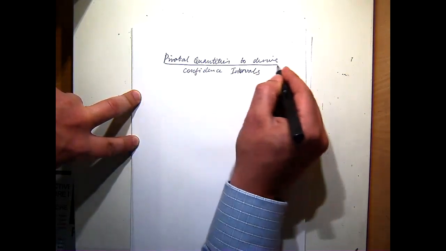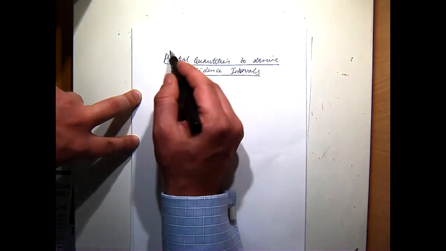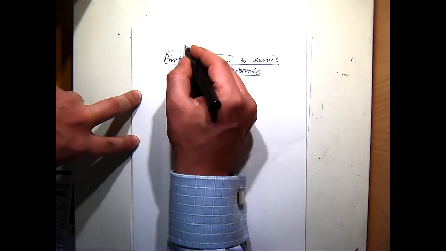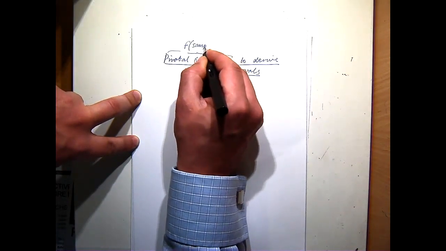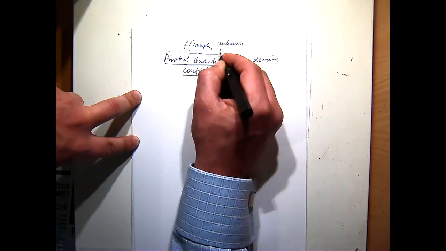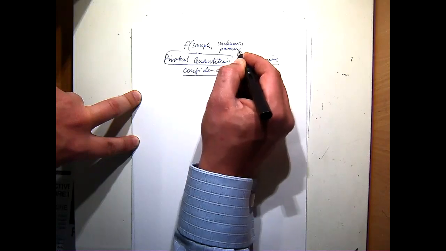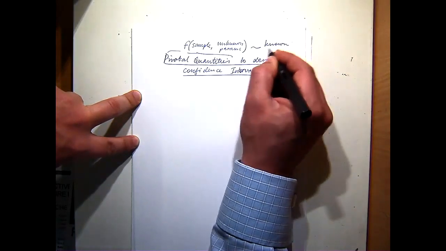So a pivotal quantity, as you recall, is a function of the sample and the unknown parameters, possibly the known ones as well, which has a known distribution.